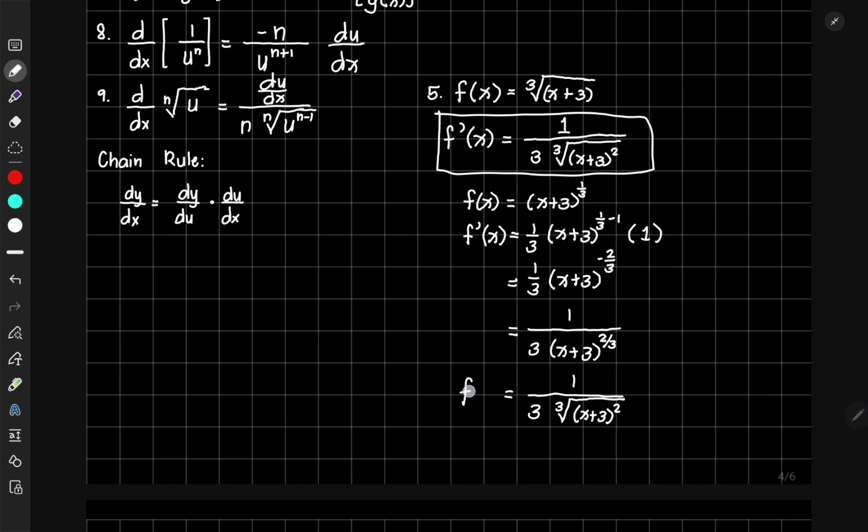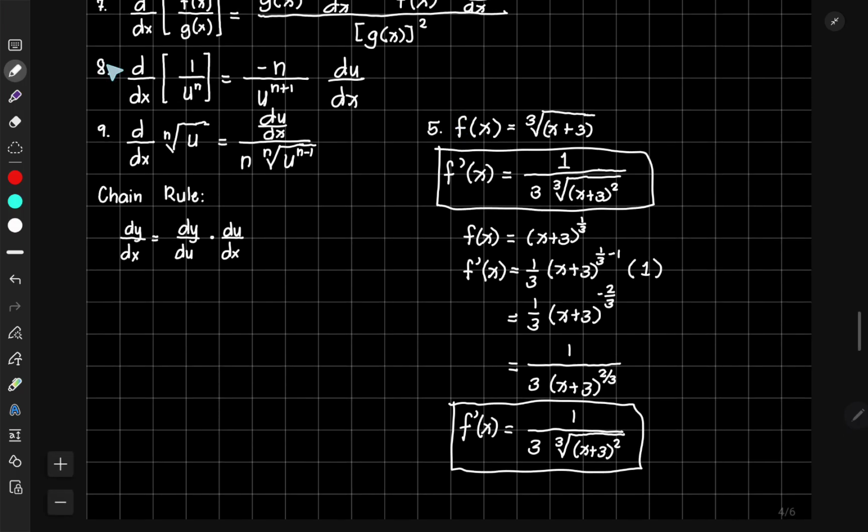So, they are the same with yung sagot natin dito. So, they are equal. So, pwede rin na power rule lang talaga yung i-memorize mo. Hindi na tong rule number 8 and rule number 9. So, that would be for our basic derivatives of algebraic functions.